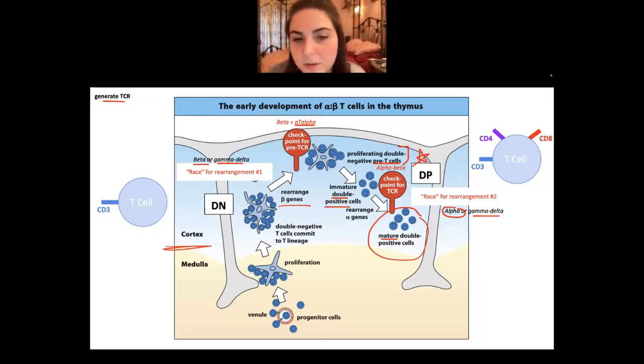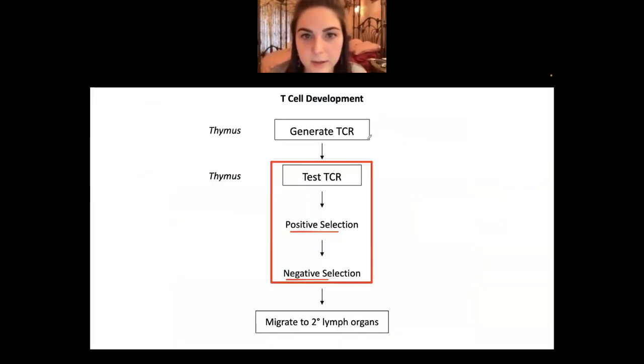So technically, so are the double negatives, but they're both in the cortex. And then we have positive selection up here and then negative selection down here. So again, generate TCR. This is your double negative first, and then double positive. And then we go through positive and negative selection, and then we get to our single positive before it leaves.